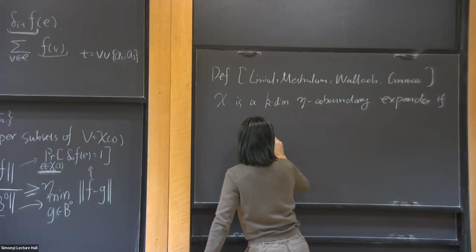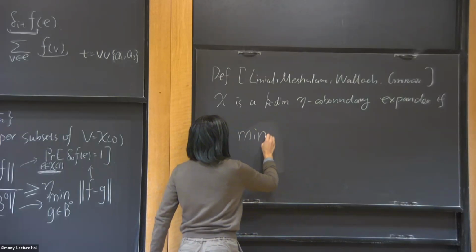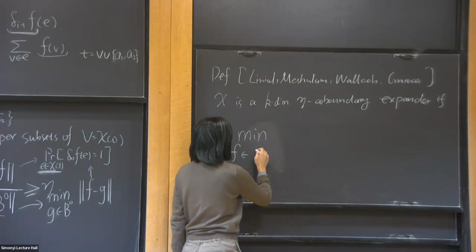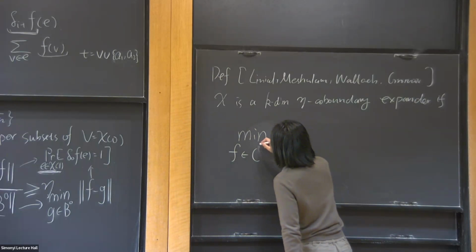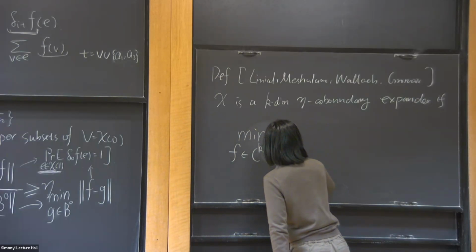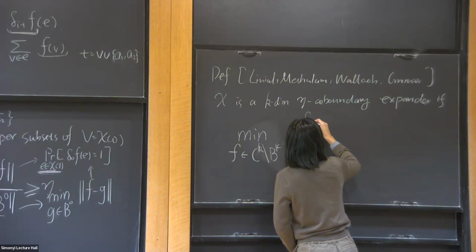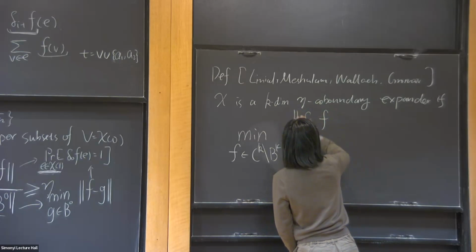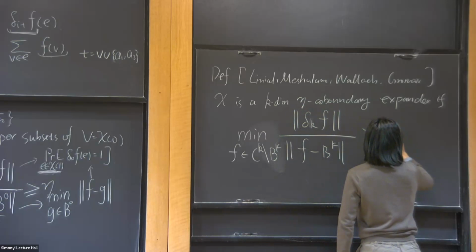So for every k-cochain f that is not a coboundary, its image under the coboundary map, over its distance from B^k, the coboundaries, is at least eta.